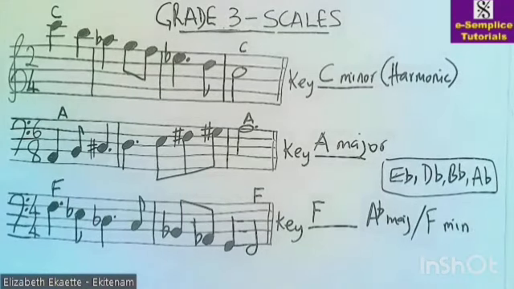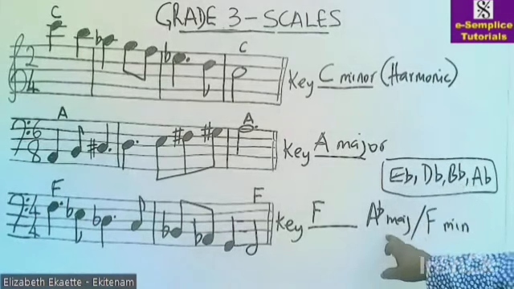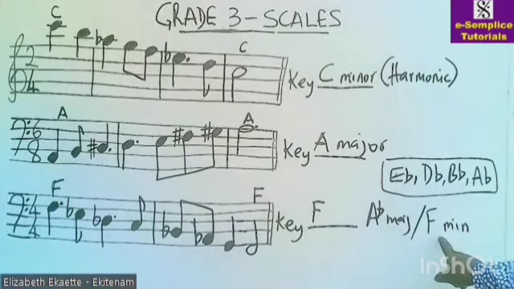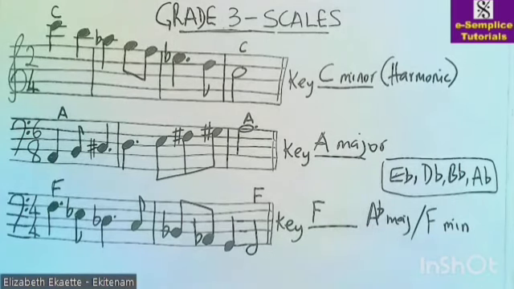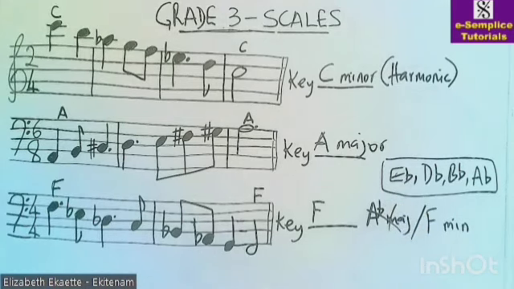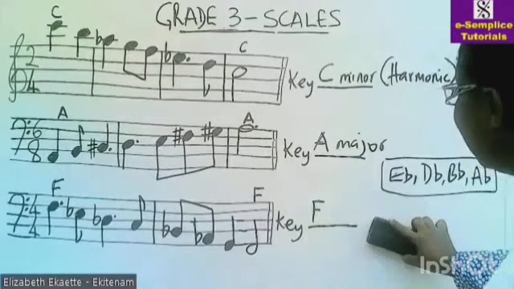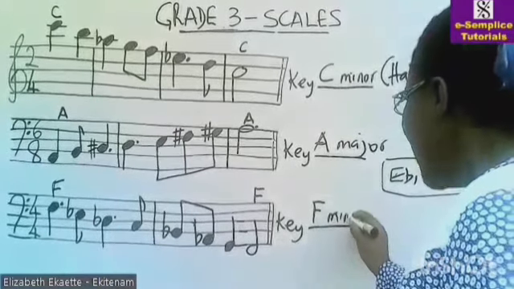That's why you need to know the table for your grade very well and its contents. So having B, E, A, and D flats is A flat major or F minor. The answer we are looking for is a key that has F at the beginning. So we are left with F minor. We have established already that this is F minor.